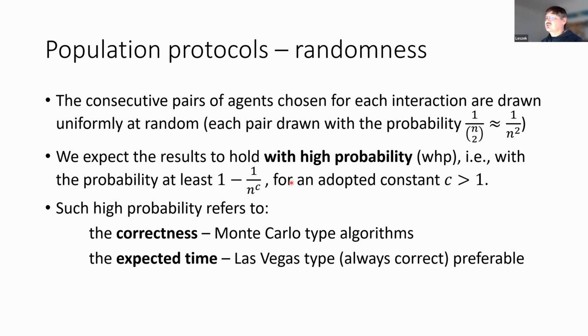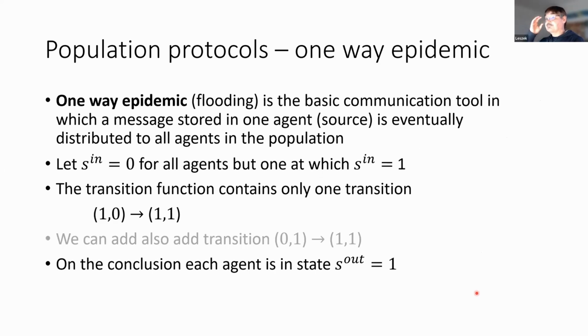We try to deliver our solutions with high probability, which is pretty close to 1 minus 1 over n to the c for some constant c. We usually consider 2 types of algorithm correctness: Monte Carlo algorithms, where the high probability refers to the correctness, and preferably, if we can, Las Vegas type algorithms, where the high probability refers to the expected time.